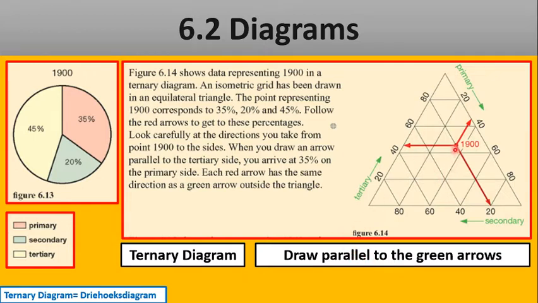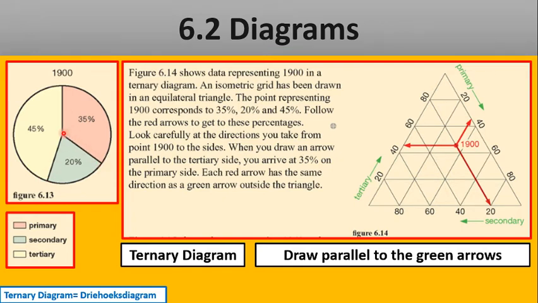So if we follow this primary green arrow, we'll stop right here on 20. But the 20 is on the secondary axis. So that means that the secondary sector right here should be 20.